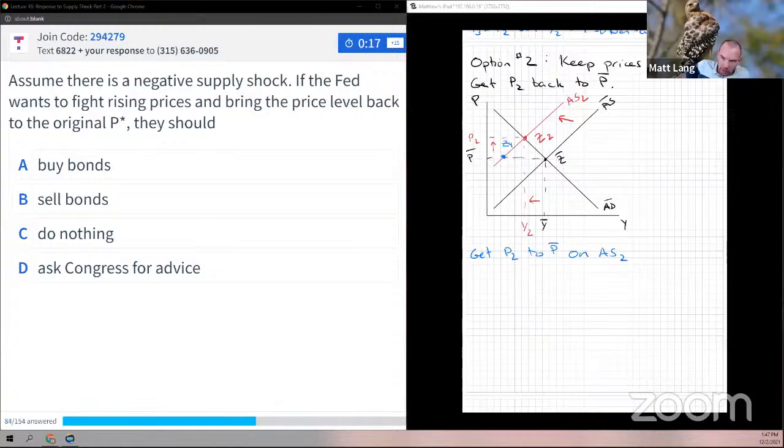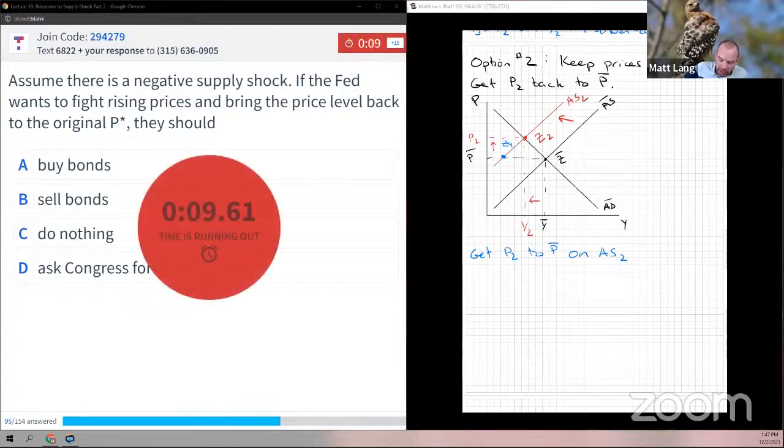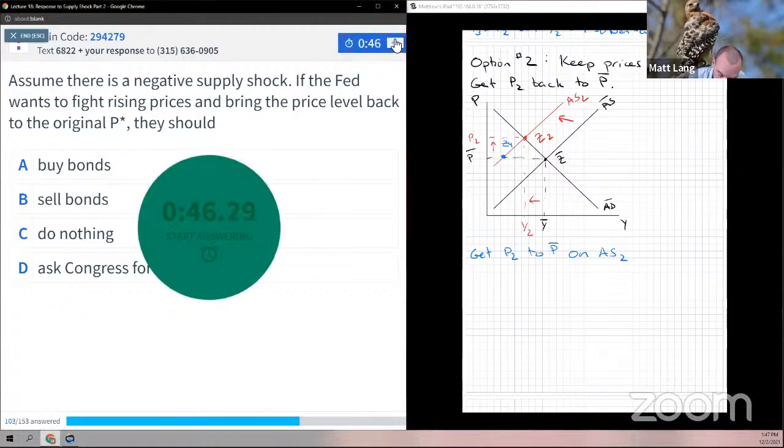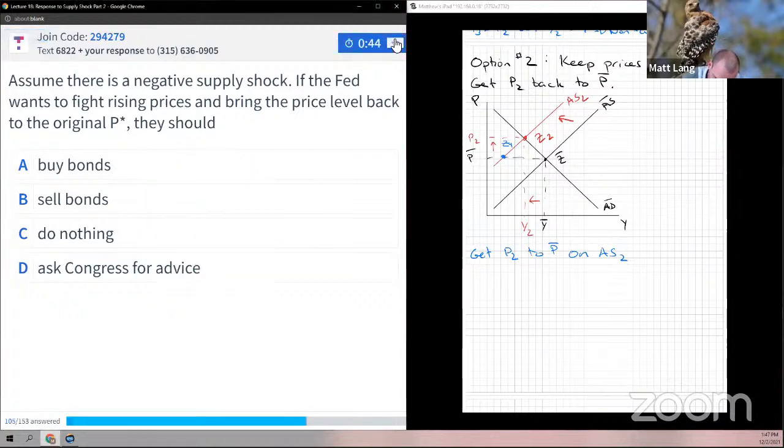Okay. So, right, we want to get P2 back to P bar, right? That just happens to be what we decided as the Federal Reserve. What that means is we need to get P2 to P bar, but we need to stay on this AS2 curve, okay? So that means that our new equilibrium is going to be at Z4, right? So our new equilibrium is at Z4.